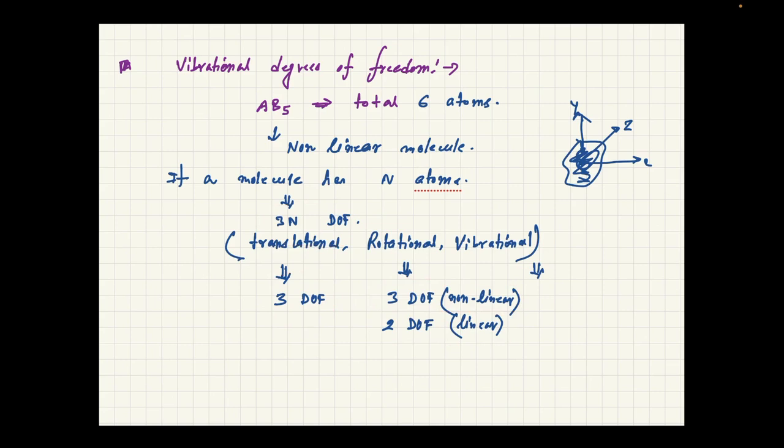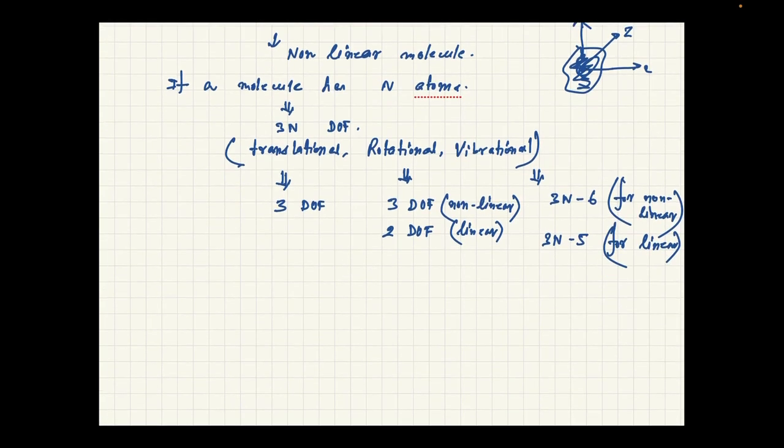The rest will be vibrational: 3n minus 6 for non-linear and 3n minus 5 for linear.